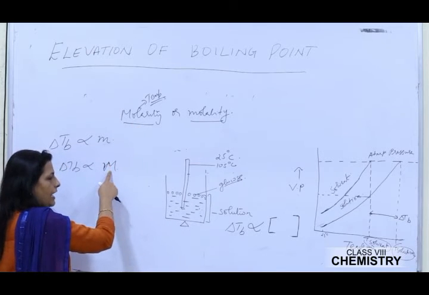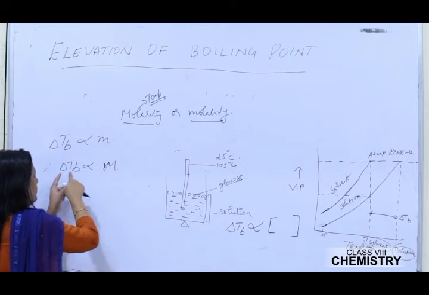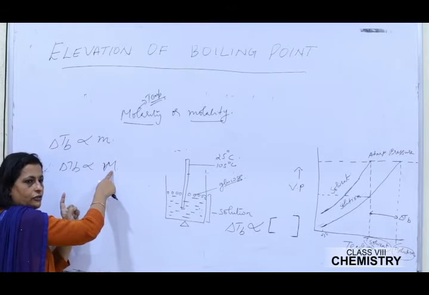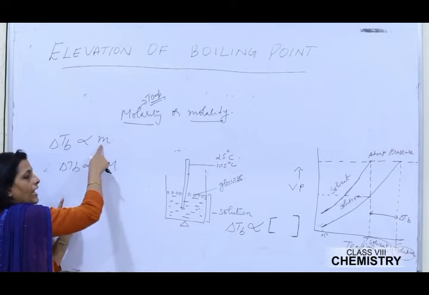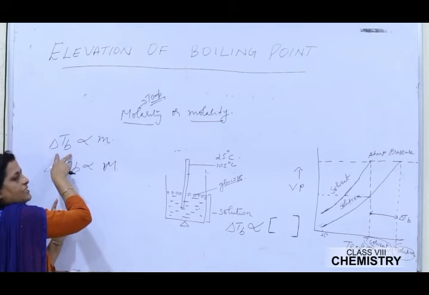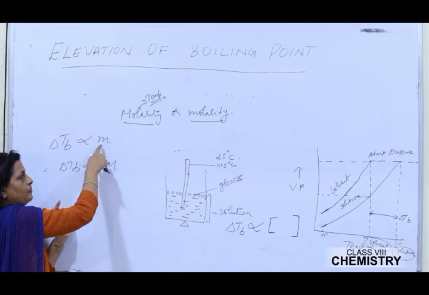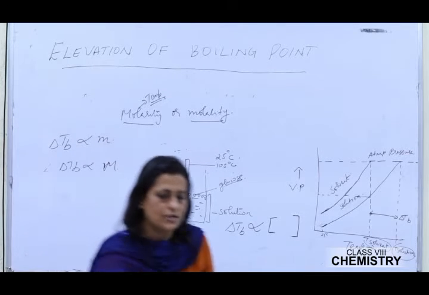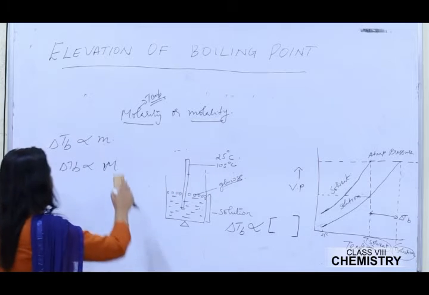Since delta TB is a difference in temperature, molarity would also change, but molality will not change with this difference in temperature. So we will be using molality. So delta TB is directly proportional to molality.